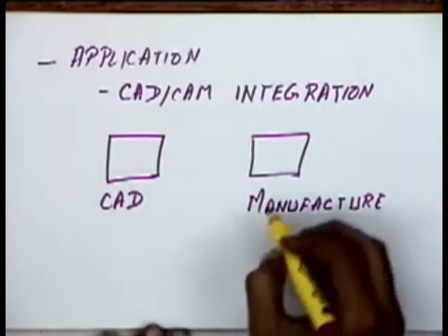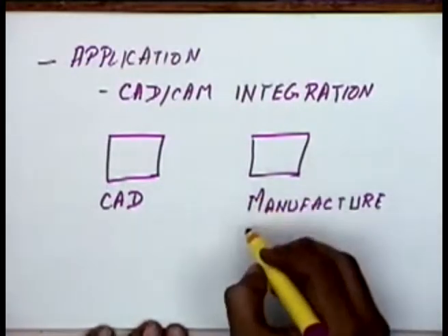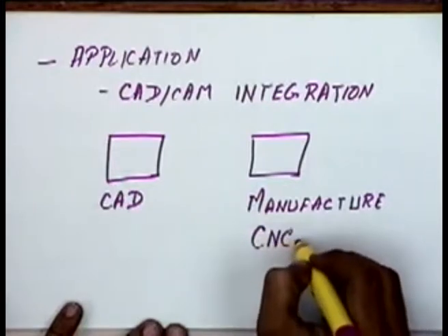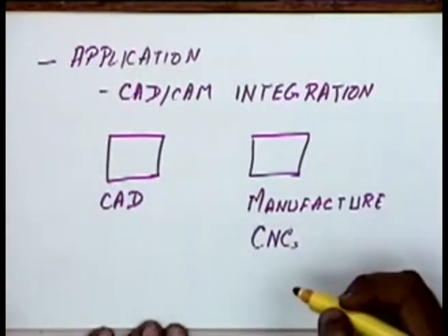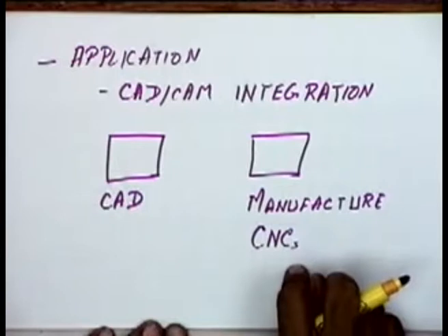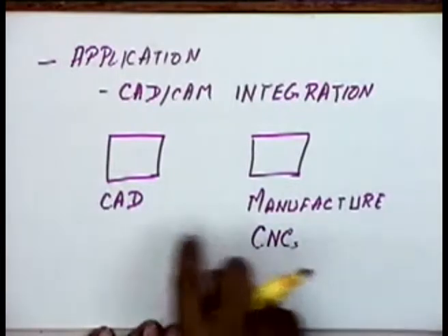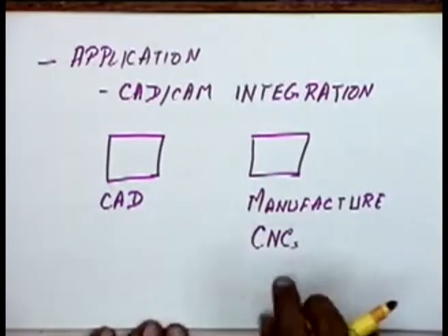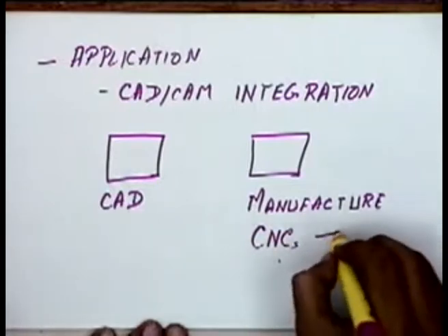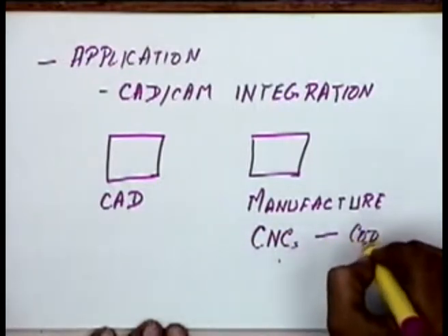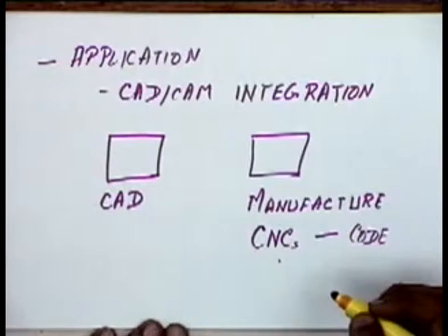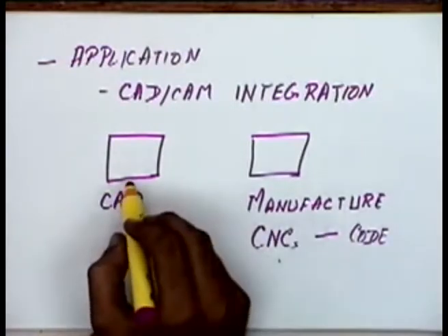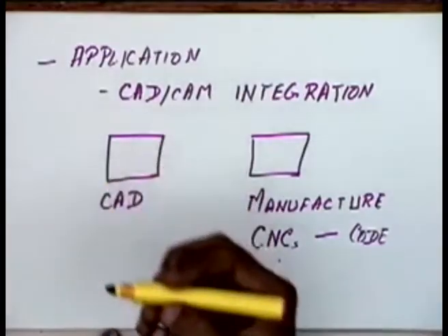Within the manufacturing stage, let's say we have a set of CNC machines. Now this object has to be manufactured on this CNC machine. For that, the CNC code has to be generated, has to be written. This code will depend on the object that has been modeled, and on the set of manufacturing steps that have to be carried out.